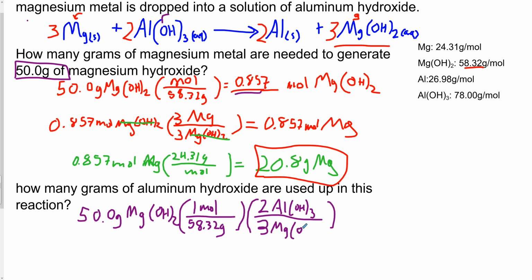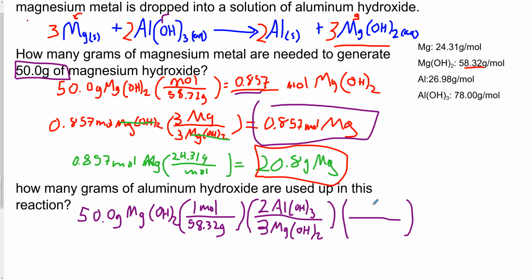If we stopped here, we would have moles of AlOH3. Does that help us? Yes. That's like this step in the previous question. But we want grams of aluminum hydroxide, so I need to open up one more conversion bracket, and I want to do grams of aluminum hydroxide, which the molar mass of that stuff is 78.00 grams per mole.